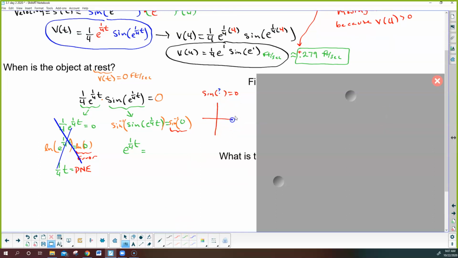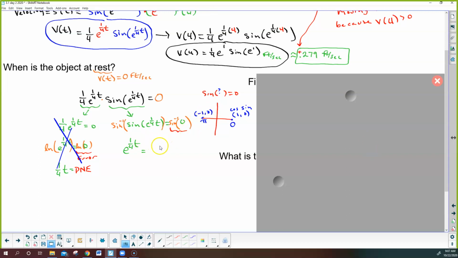On the unit circle, if I go over 1, up 0, don't we know the first value is cosine and the second value is sine? So when is sine equal to 0? It's equal to 0 right here at 0. Where else would it be equal to 0? This is the spot -1, 0. So you can see sine is equal to 0 here, and that's at pi.